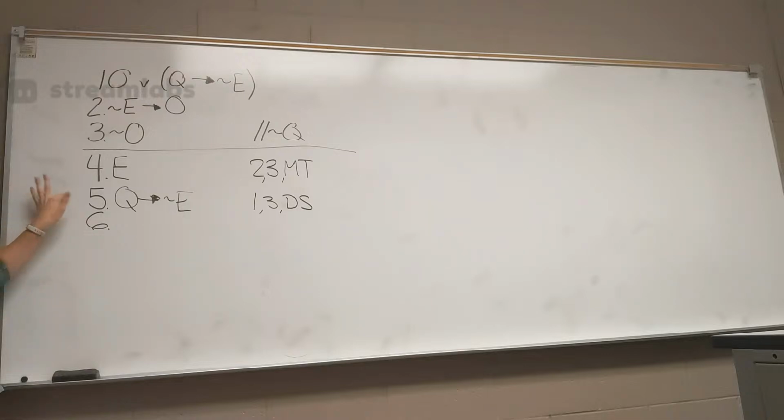Okay, so now we have Q, not E. So what do we think we should do next? Well, we can derive not Q. Can we? Yes. Tell me how. Because we have E. Okay, walk me through it. See, this is good, I like this. You have a 4-5 modus tollens.